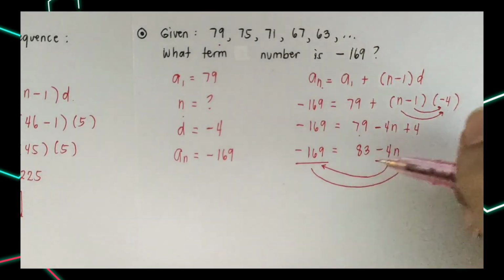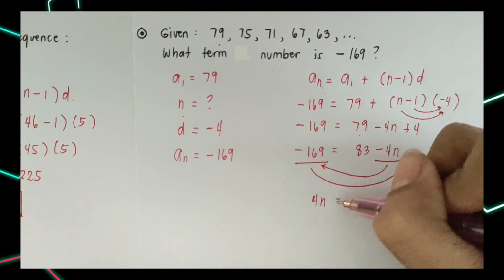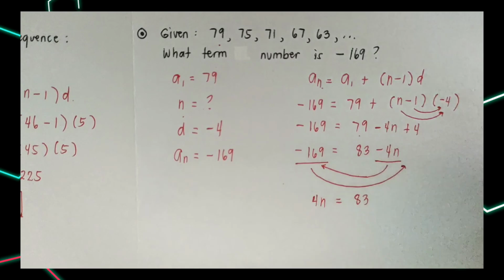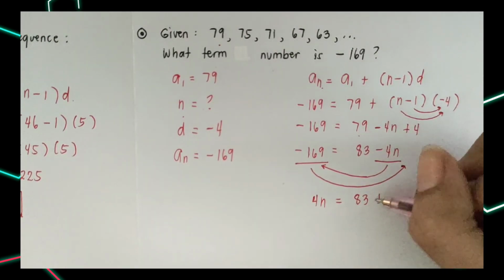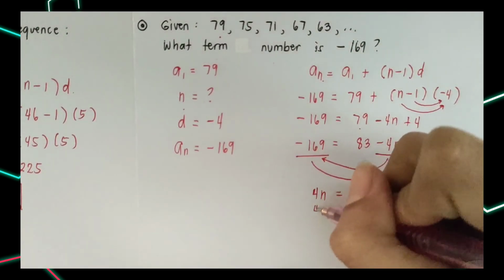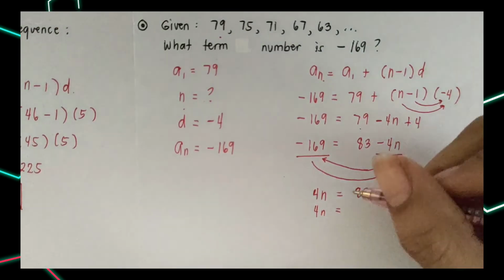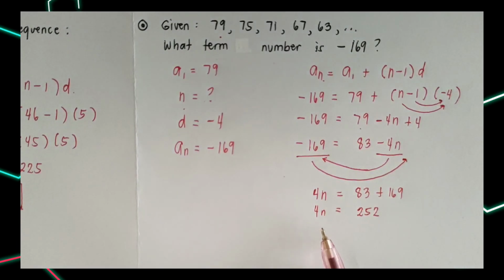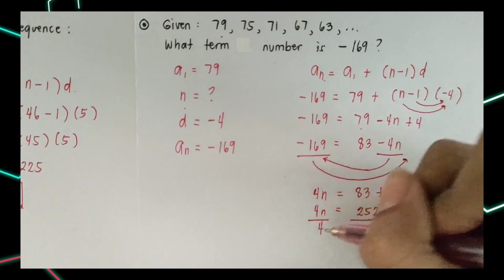So negative 4n will be positive 4n is equal to 83 remains. Negative 169, the sign will be positive. So, 4n is equal to 83 plus 169 is 252.